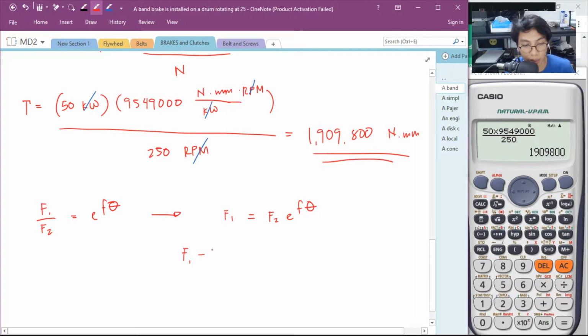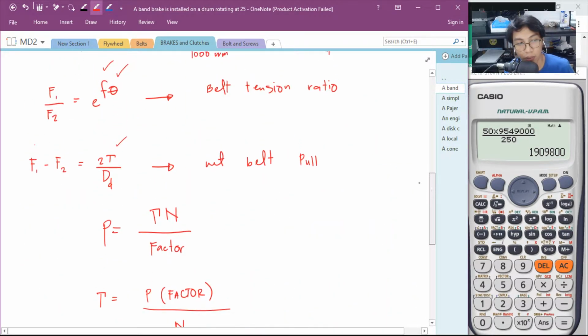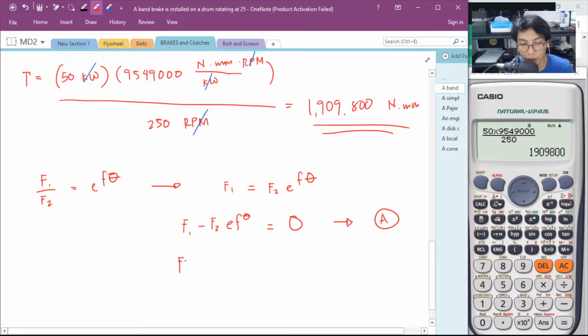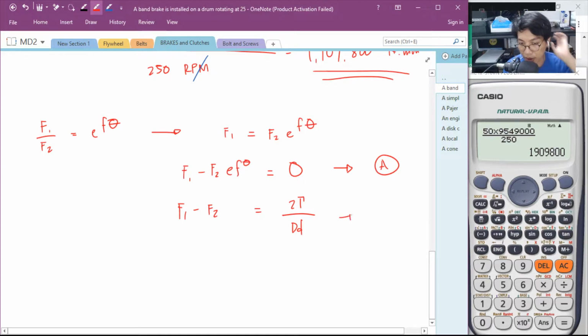So, F1 minus F2 e to the f theta equal to 0. You have equation A. How about equation B? Saan natin kukunin? Kunin natin equation B dito. So, F1 minus F2 equal to 2 torque over diameter ng drum.